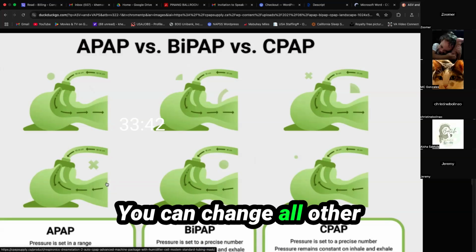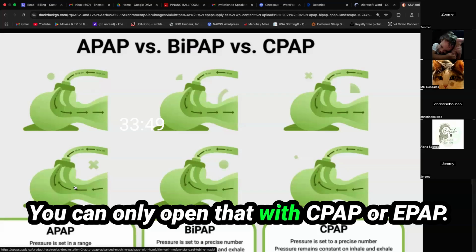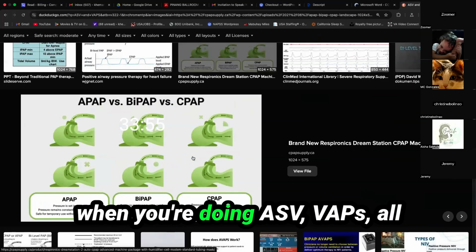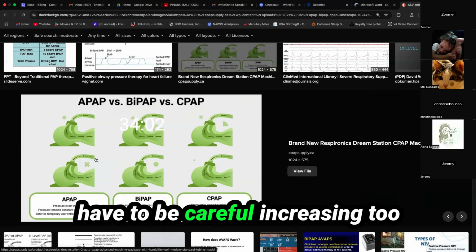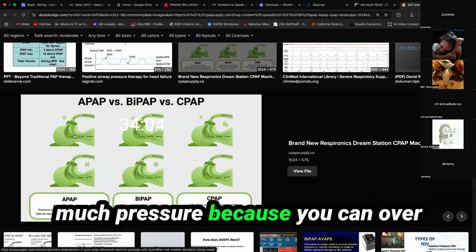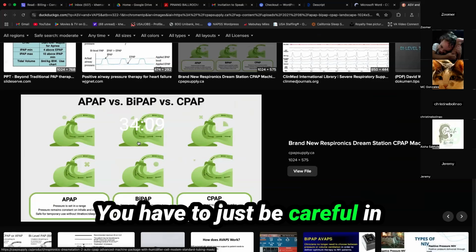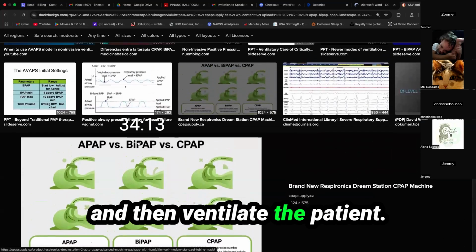You can change all other parameters if this portion is open. And you can only open that with CPAP or EPAP. That's your number one goal. That's why you have to be careful when you're doing ASV, VAPS, all these titrations, even bilevel ST. You have to be careful increasing too much pressure because you can overventilate the patient immediately. You have to just be careful in opening up the airway first and then ventilate the patient.